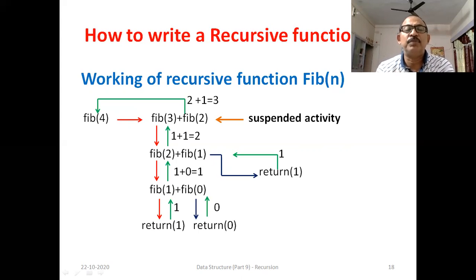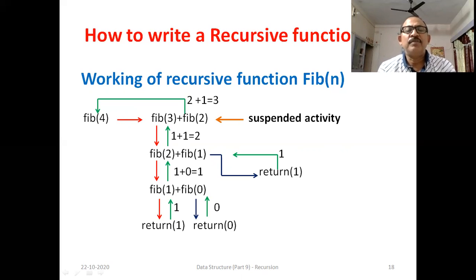And what is the remaining sub-problem? fib(0). Now the system calls the function fib(0). Here you can see the value of n is equal to 0. The system returns the value 0. So fib(0) received value 0. Now these two problems are solved.